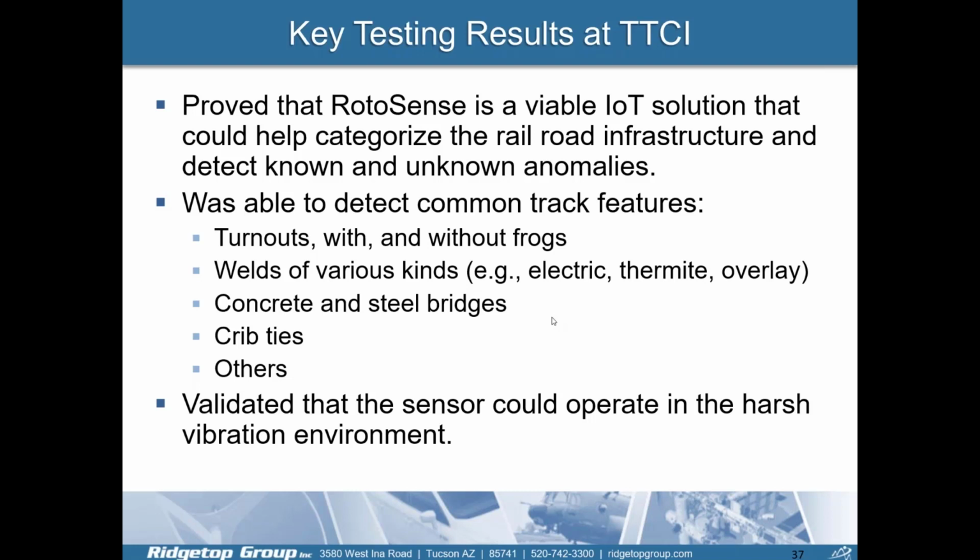In 2015, when we went to TTCI, we were told by the installation techs that other companies have tried to do similar sensing at that location, and typically the sensors die. It's a very harsh operating environment. We spent a lot of time hardening the design to be able to function there.